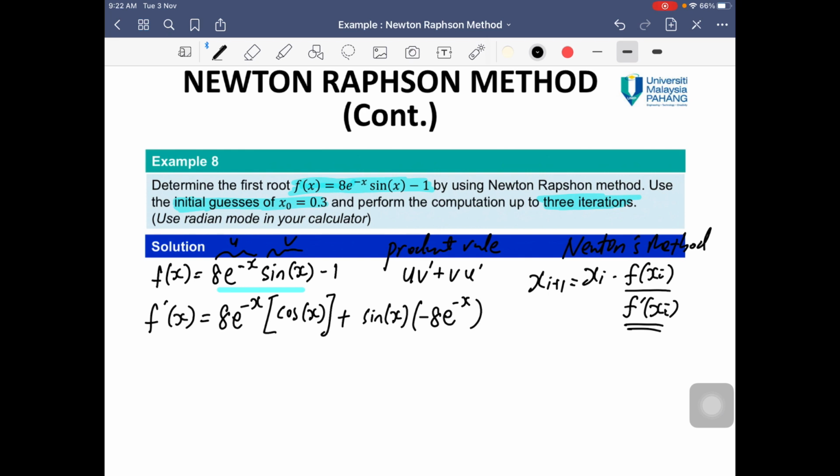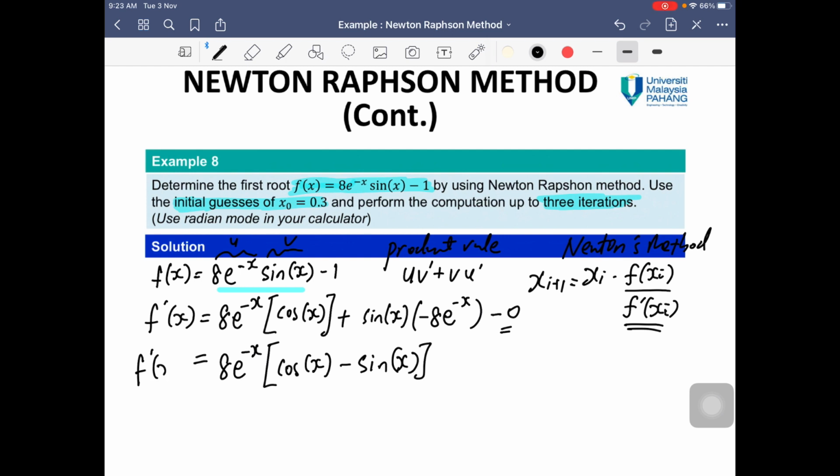Alright, and then I differentiate minus 1, a constant, so you get minus 0. Okay, this is optional. If I factorize this, I should get 8 e^(-x) times cos x minus sin x, and then minus 0, no need.